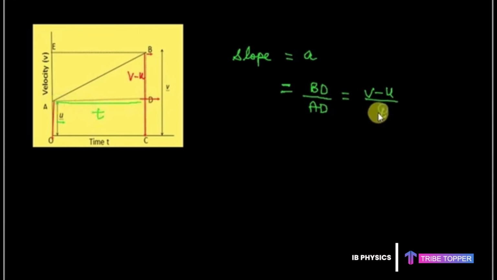So v minus u by t is equal to a. Therefore, v minus u is equal to at, or v is equal to u plus at. So we get the first equation of motion from the graph.